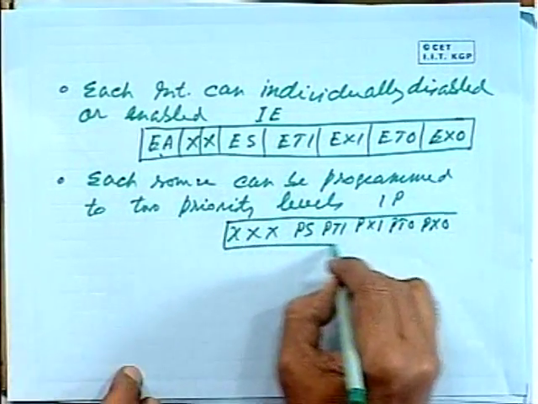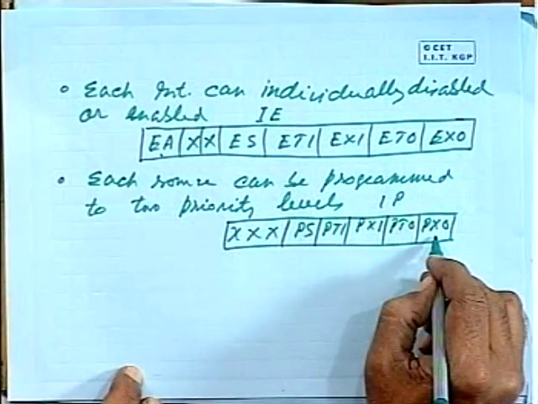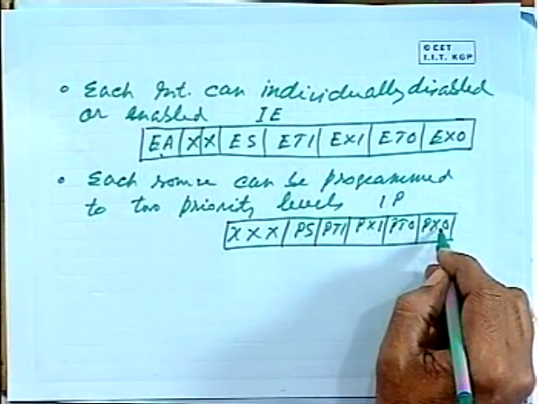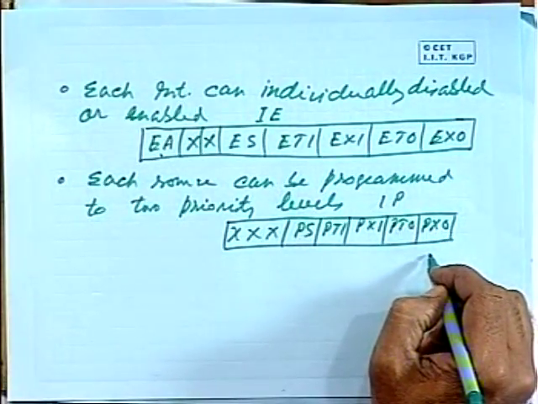That means if you make this bit 1, then external interrupt 0 has the higher priority level. If it is 0, then it has got the lower priority level. That means among these 5 interrupts, you can individually program each of them to either higher priority or lower priority level. So in such a case, how will the interrupt system work and how will the interrupt be accepted?